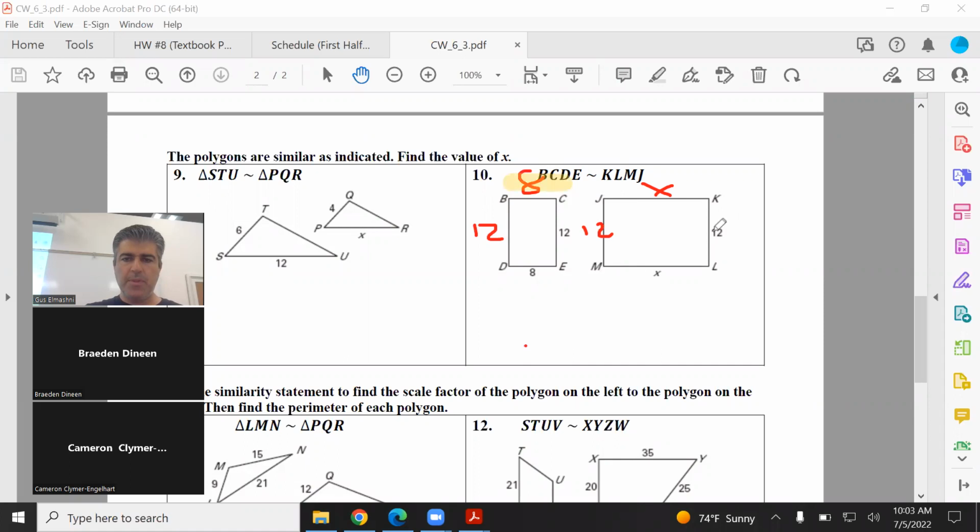So then the 8 corresponds with the 12, and this 12 corresponds with this X. So what I'm going to write is this: 12 over X equals 8 over 12. You can reduce if you like to 2/3. 36 equals 2X.